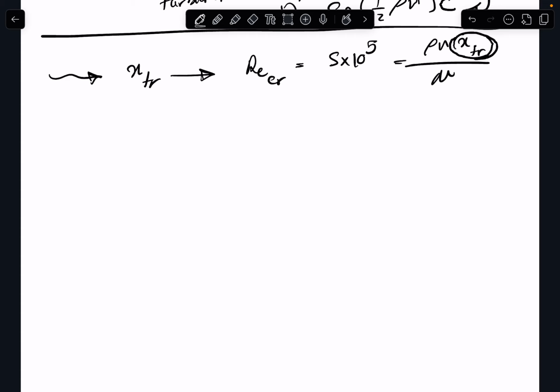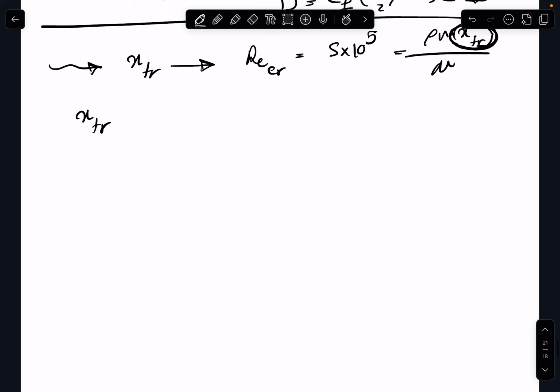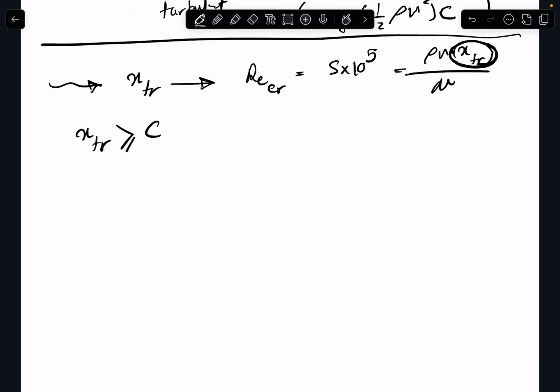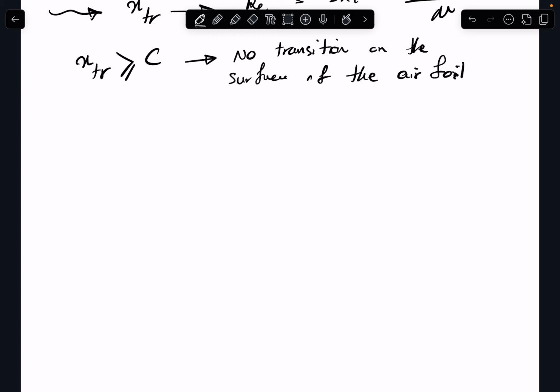Then we have to check whether X transition is larger or smaller than the chord length, this length C. If it's larger than or equal to C, then there won't be any transition on the flat plates, on the surface of the airfoil. Okay, no transition.